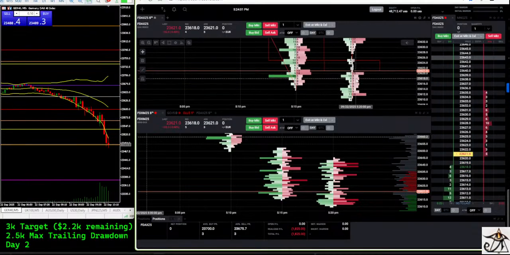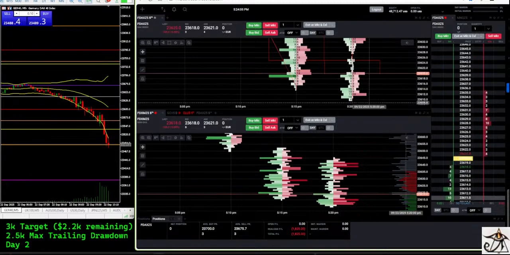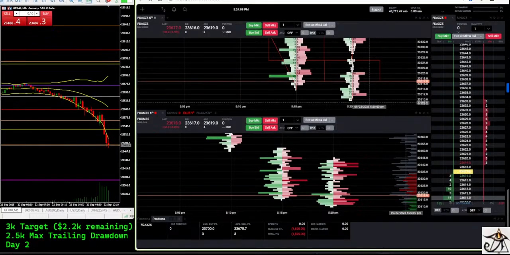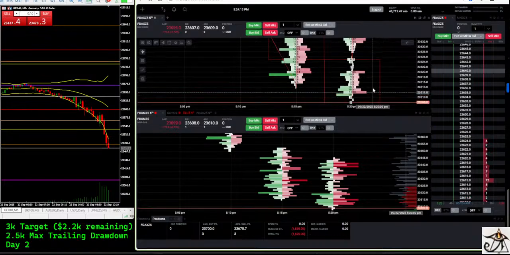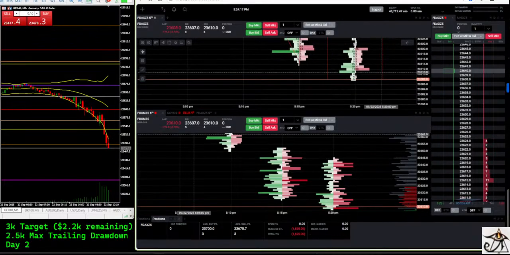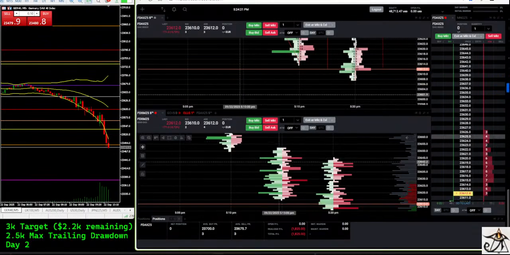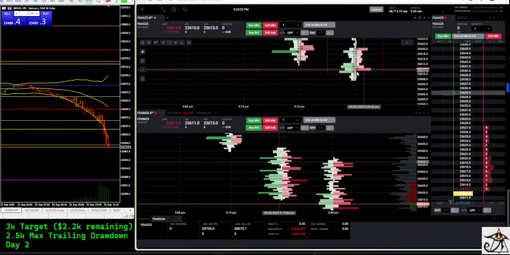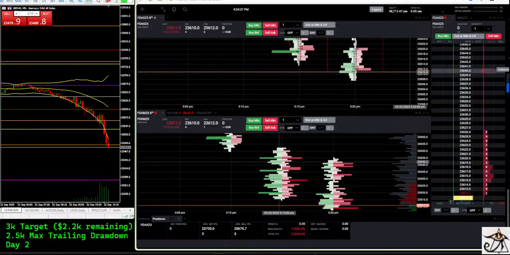People basically holding the market lower. There is a chance that we may go all the way down to the S3 if we don't see a lot more buying come in. So I'll be watching out.